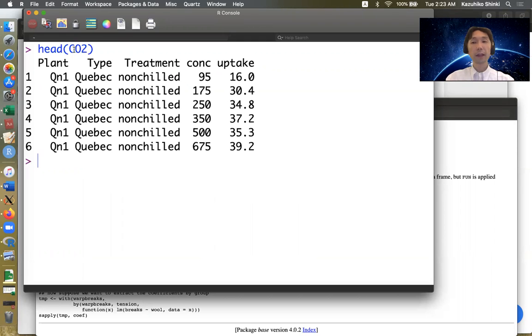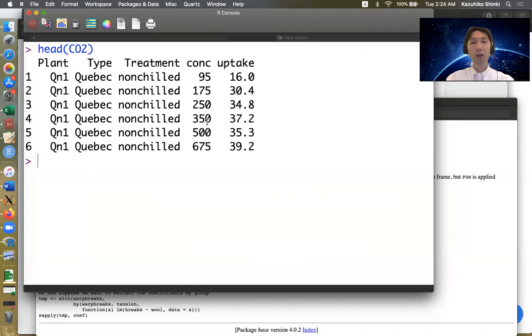This dataset is experimental data that tests if some species of grass is tolerant against cold weather.